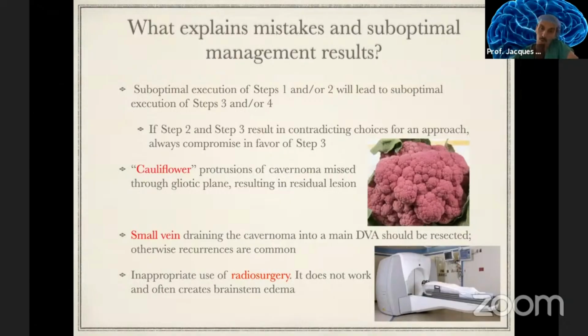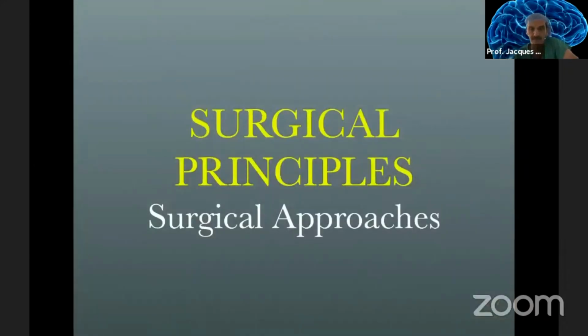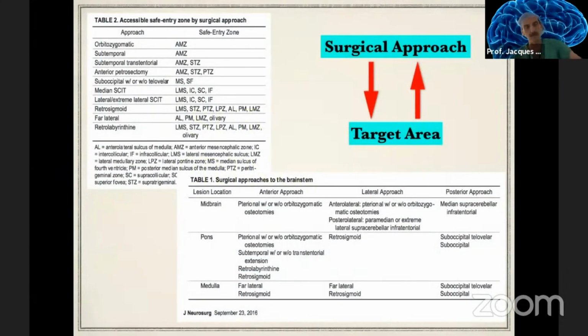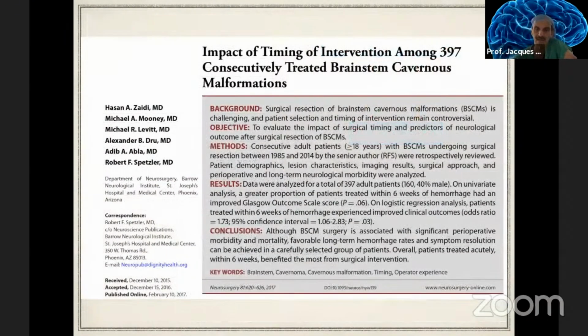I don't have time to go over the literature, but even our friends in Sweden agree with that concept. So, surgical approaches: many publications have been done where you choose an approach based on the target, and the other way around. This is a partial listing of all the possible surgical approaches to the brainstem.